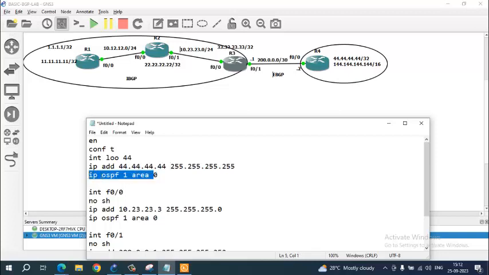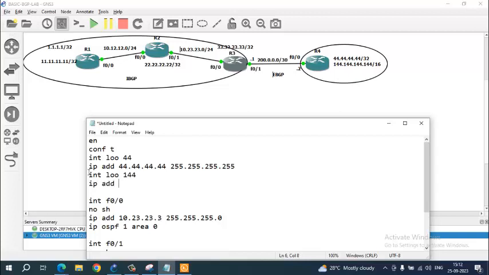OSPF. We're going to use this network in BGP for testing. If you notice here, 44.44.44.44, though it is class A, I have masked it completely because it's a loopback interface, loopback 44.